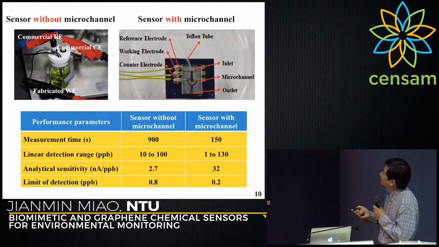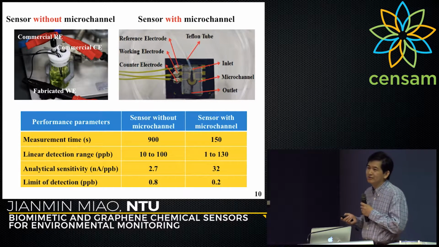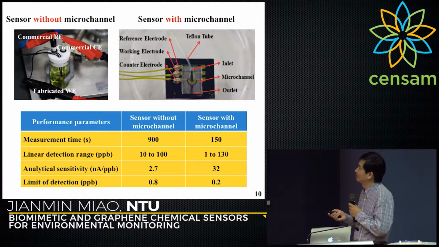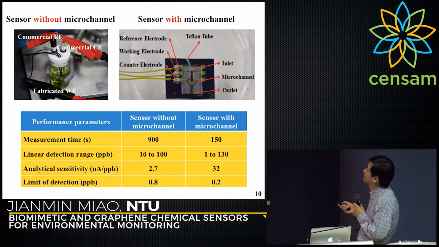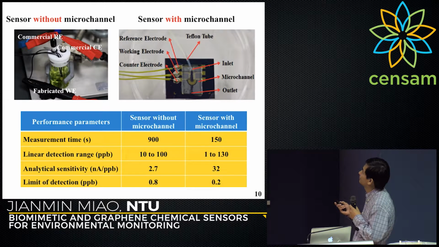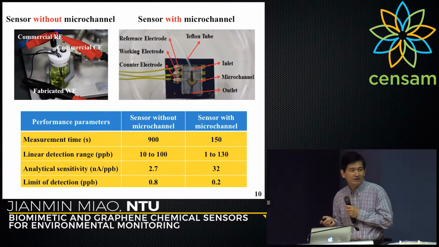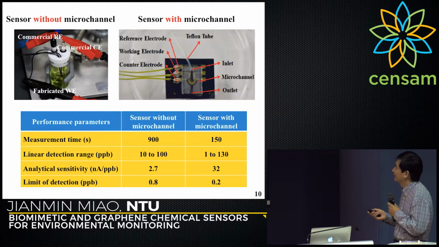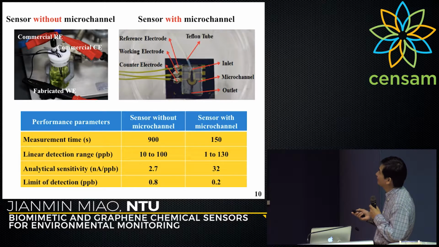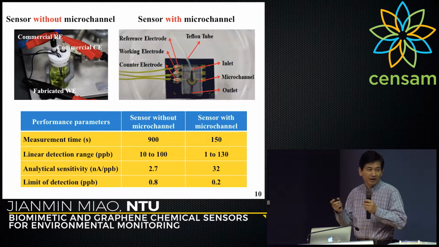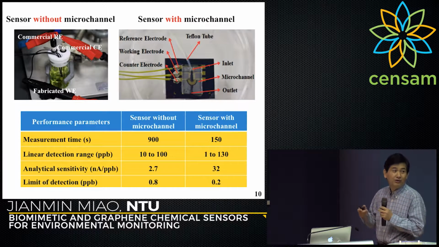We also fabricated the microchannel in the device, and compared the sensor without a microchannel with one with a microchannel. You can see the performance of the sensor has been increased a lot. The measurement time is much shorter with the microchannel, because all the sample is confined in the microchannel and you can isolate the reaction.